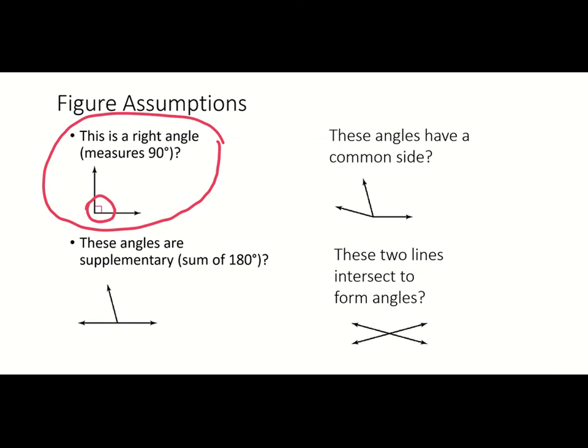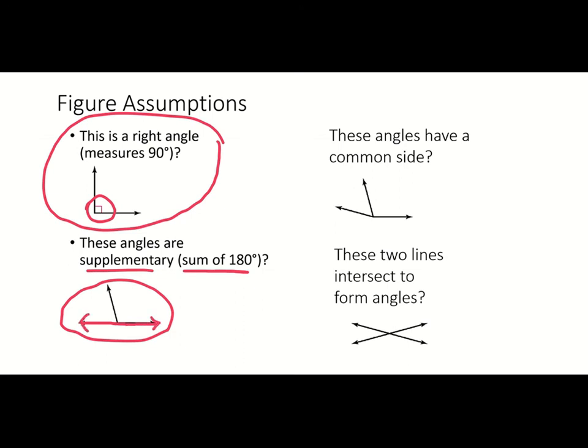All right, can we assume that these angles are supplementary? It means when they're supplementary, that they equal a sum of 180. Now, when you look at this shape right here, there are no markings on here, so you may not be sure. But the answer is yes, we can assume that they are supplementary. And the reason being, right here, notice what shape this is that we've already talked about?